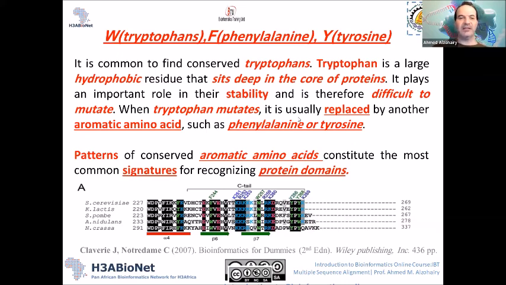As you see, this amino acid can be replaced by tyrosine or phenylalanine, and this pattern of aromatic amino acids constitutes one of the most common signatures. If you would like to build protein signatures from that domain, you can easily find them in that.